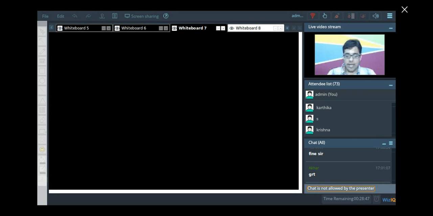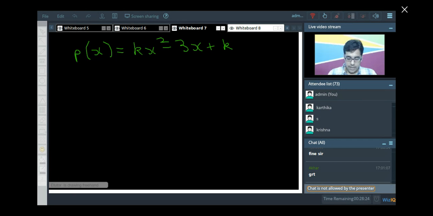So p of x is given as kx square minus 3x plus k, and the factor of this is given as x minus 1. x minus 1 is one of its factors.